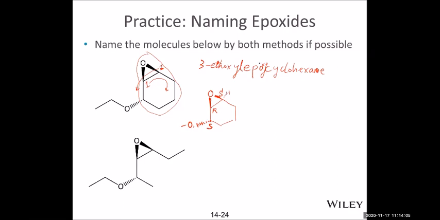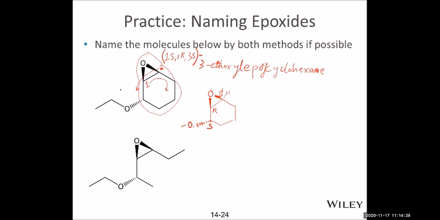So the name for the compound will be (1S,2R,3S) in parentheses, hyphen, and then 3-ethoxy epoxy cyclohexane. It's a very long, messy name.